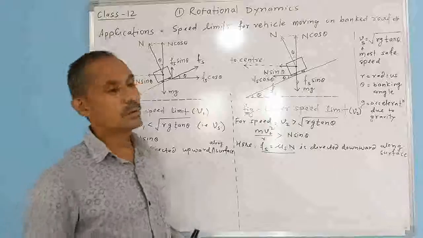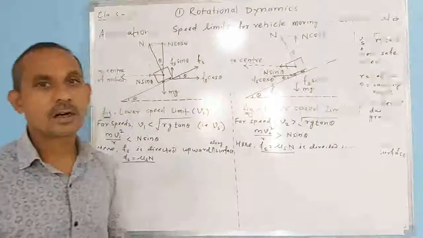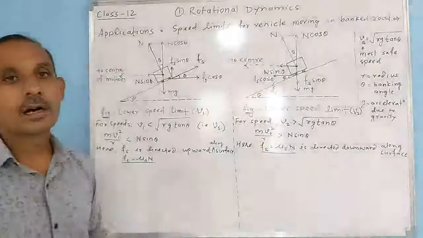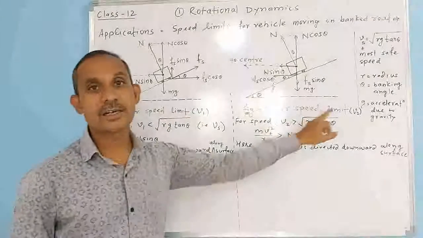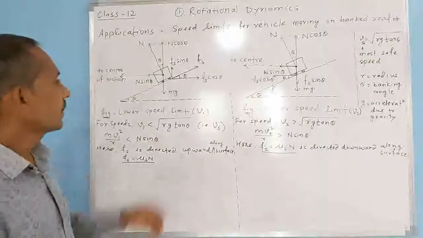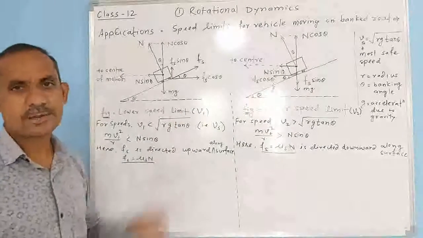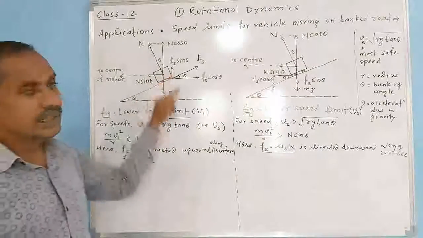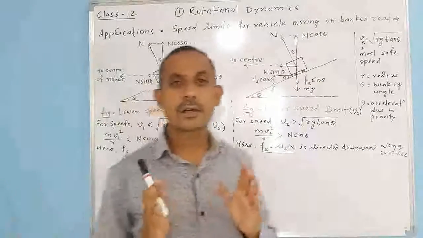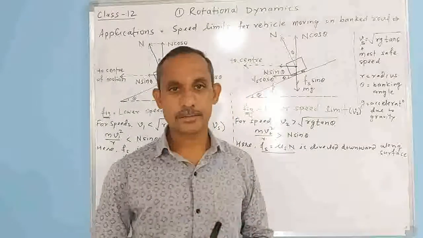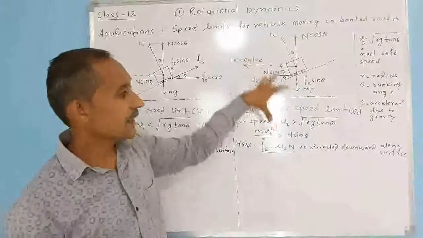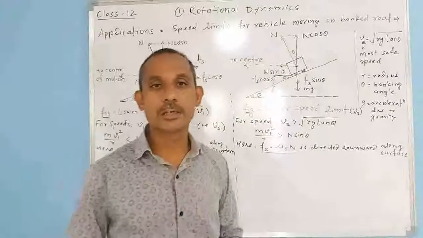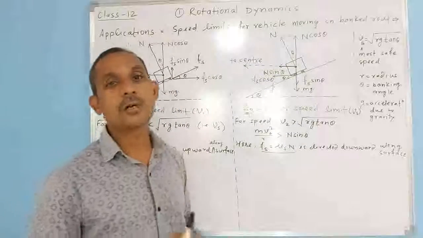So we have to study the lower speed limit and the upper speed limit. Let us see situation 1, that is figure 1. Figure 1 describes the lower speed limit of the vehicle, and the second figure describes the upper speed limit of the vehicle.